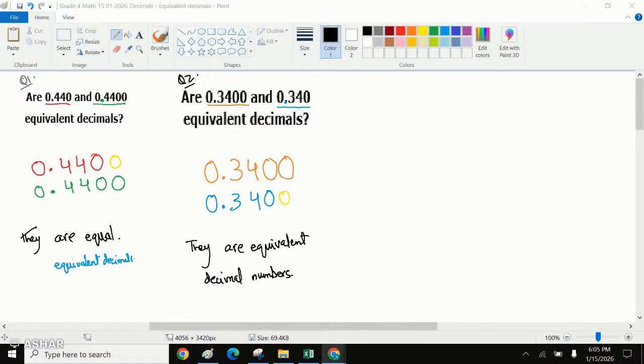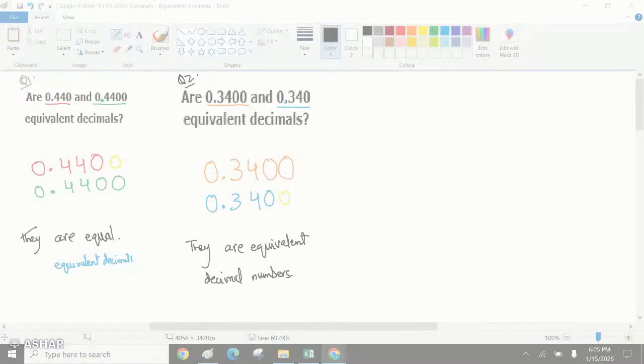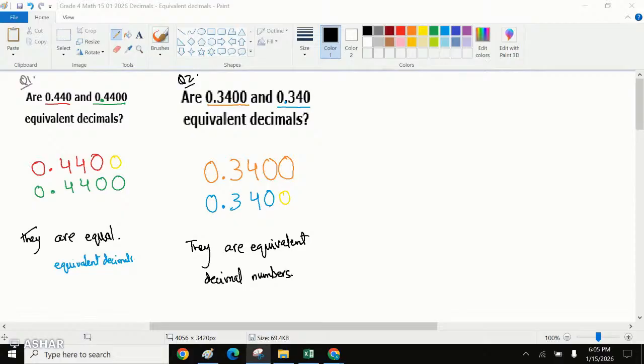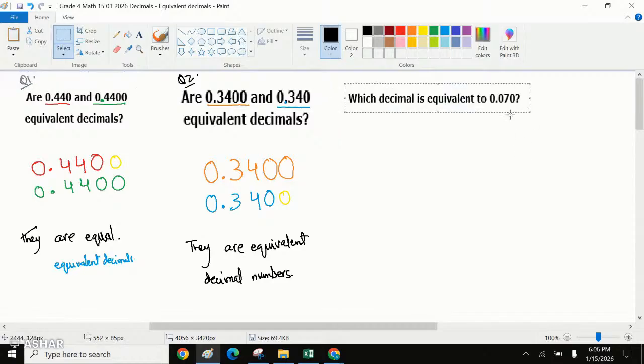The next question says, in the next question, what they have done is they want us to give an equivalent. Which decimal is an equivalent number to this given number?